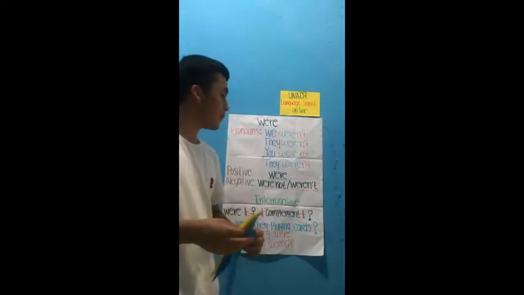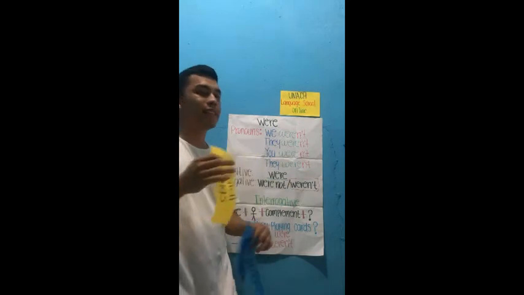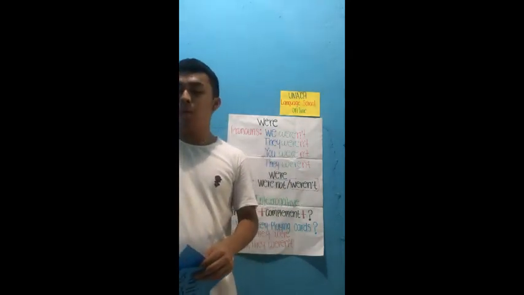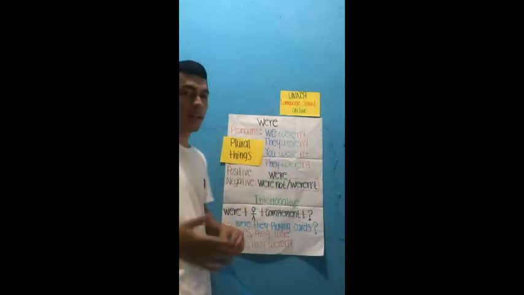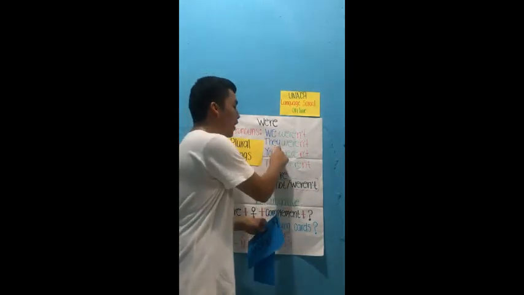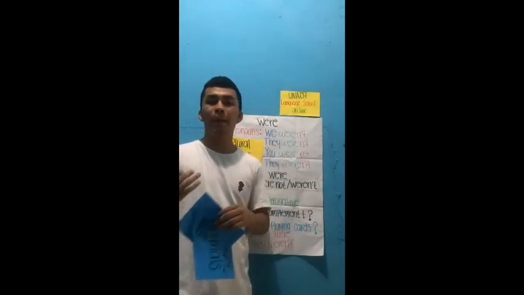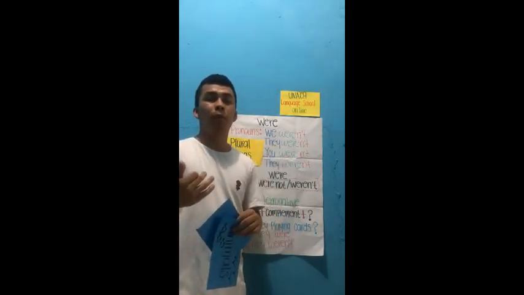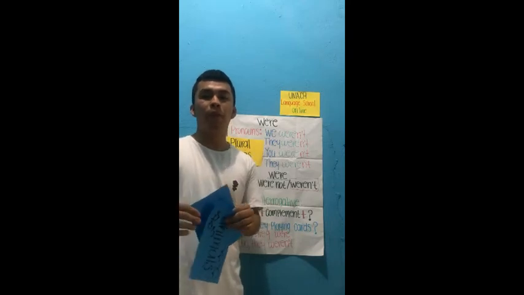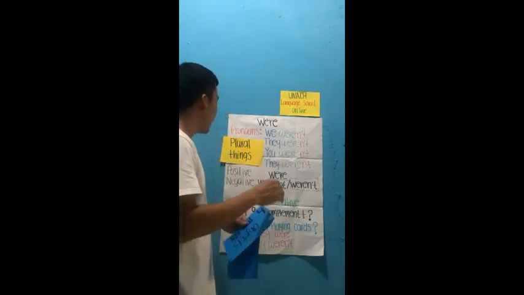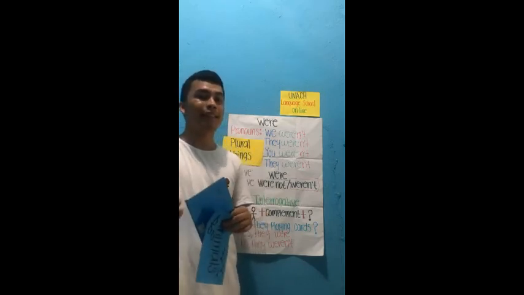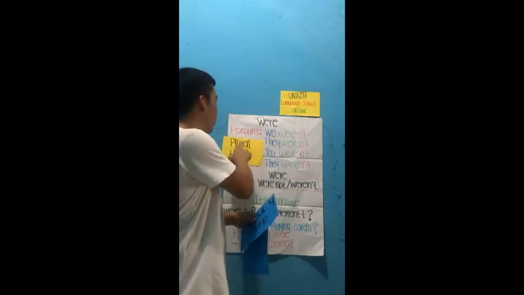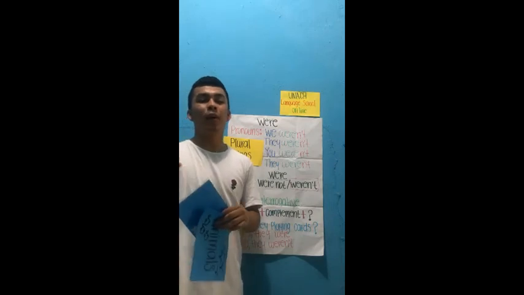In this case, we use they similar to it, but with were we use they to talk about plural things. The first they is to talk about people, a group of people, and the second they we are using to talk about plural things that are not people.